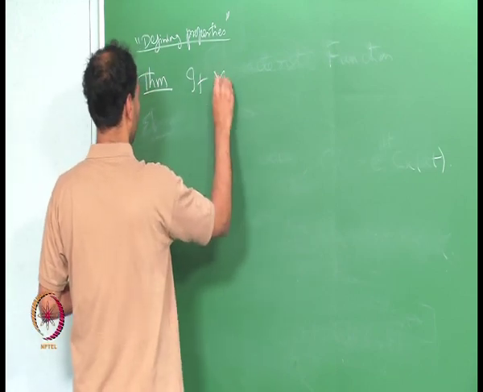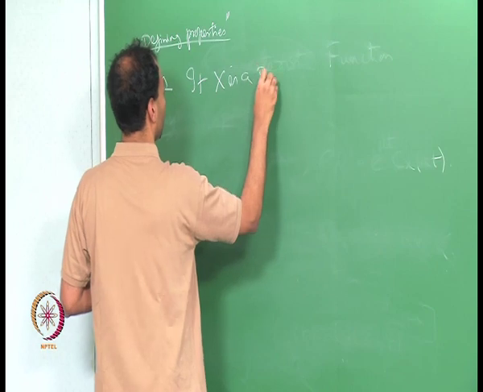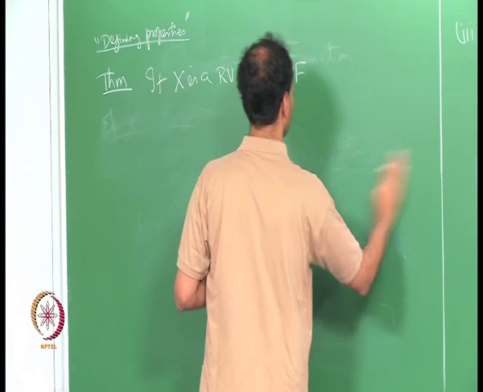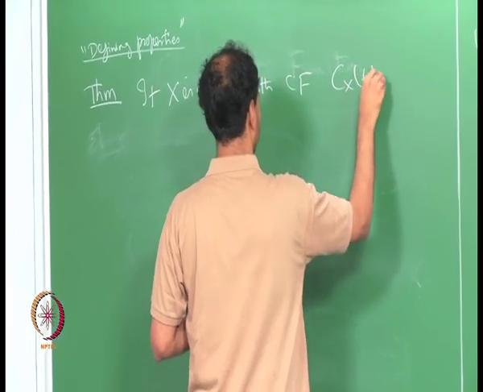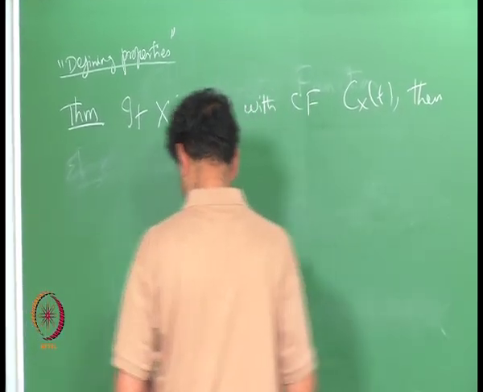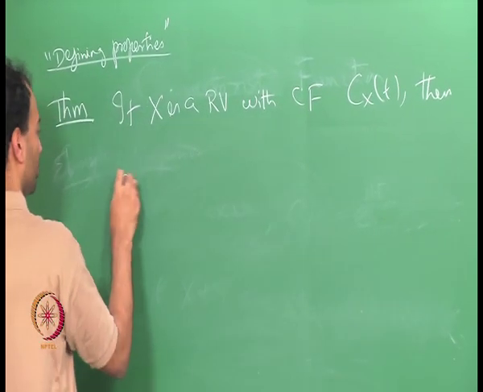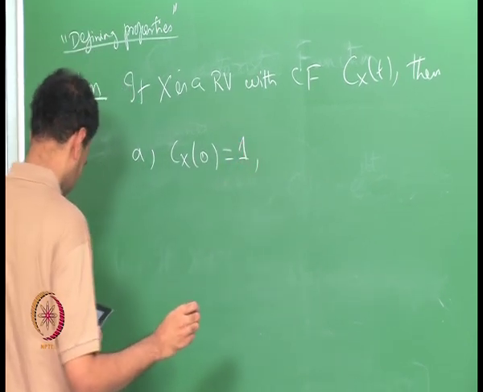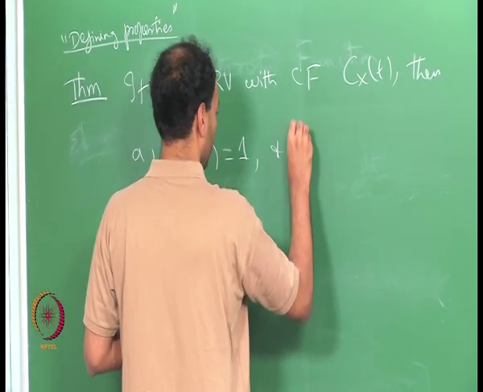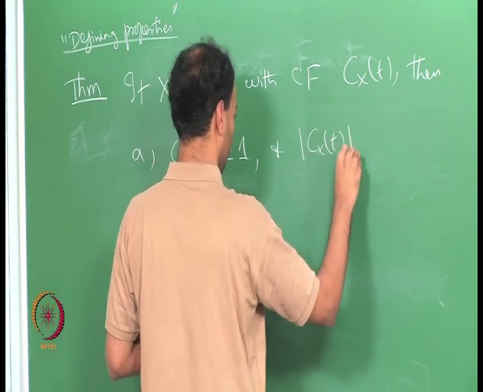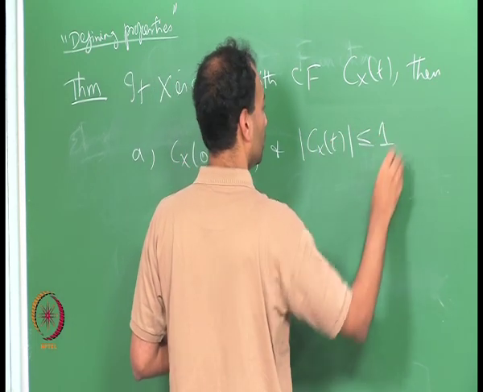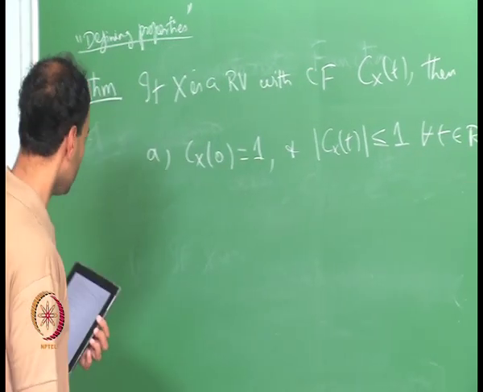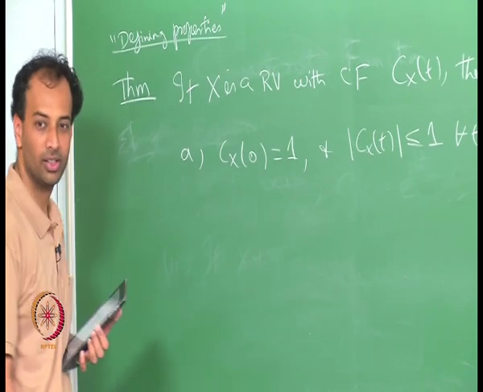If x is a random variable with characteristic function C x of t, then property A: C x of 0 equal to 1 and absolute value of C x of t less than or equal to 1 for all t in R. Okay.